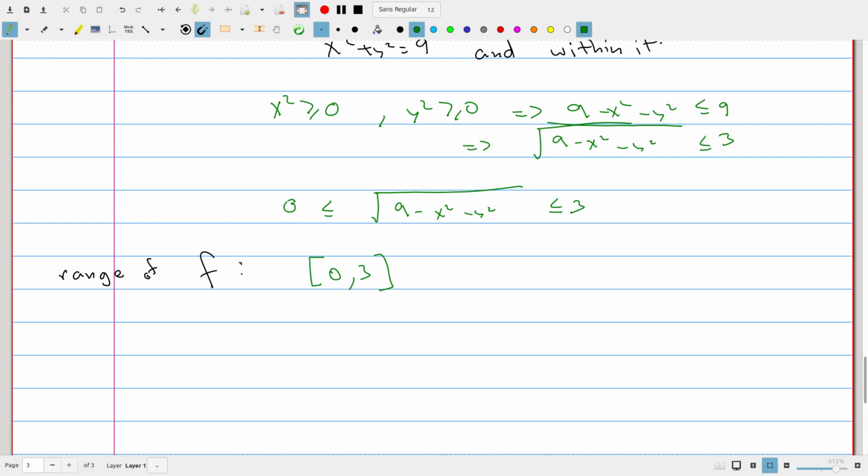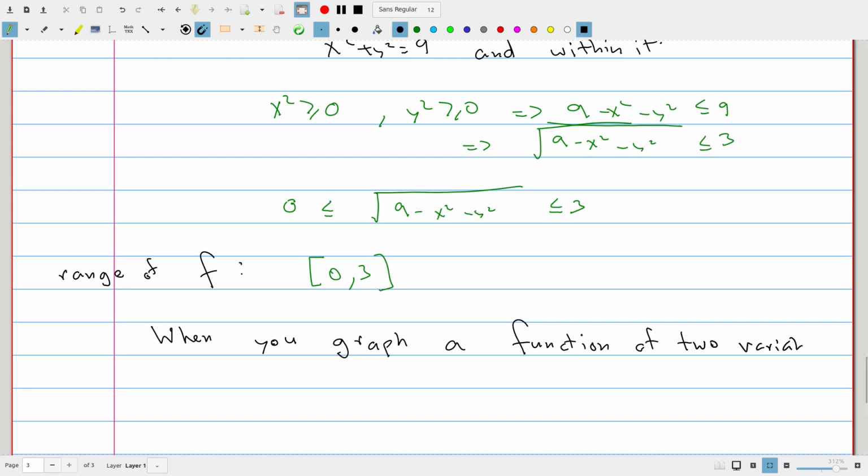When we graph a function of two variables, you get a three-dimensional surface.